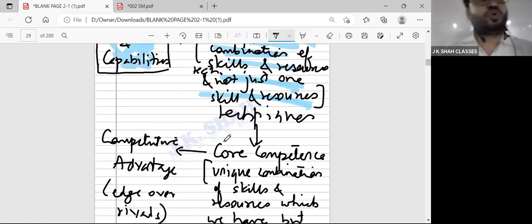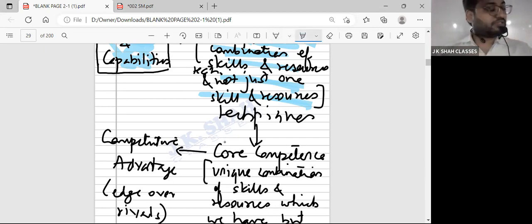Now, what is core competence? In simple language, it is USP, unique selling proposition. But we don't want to write simple words in the exam, especially if you want to get marks. So we want marks. That is our only objective here. So what is core competence?